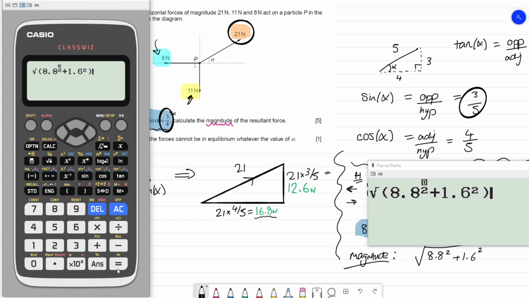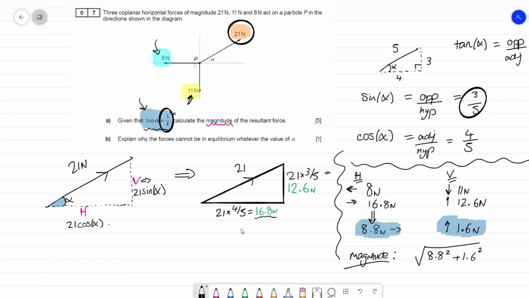Let's square root that to see what we get. 8.94. Let's jot that down. 8.94, and that is the magnitude of my resultant. Part A is done.